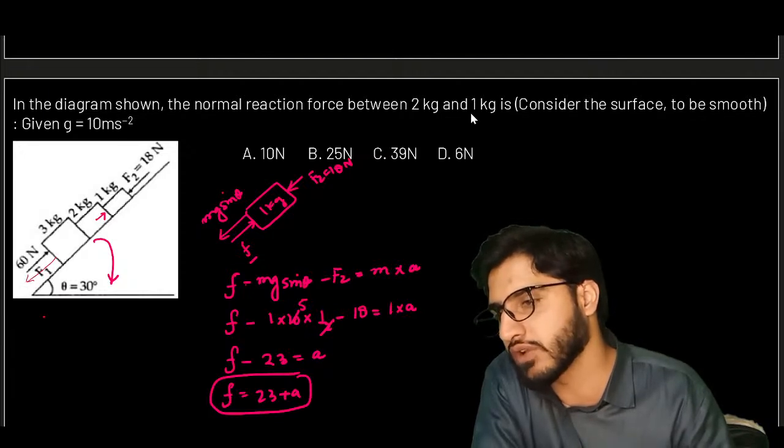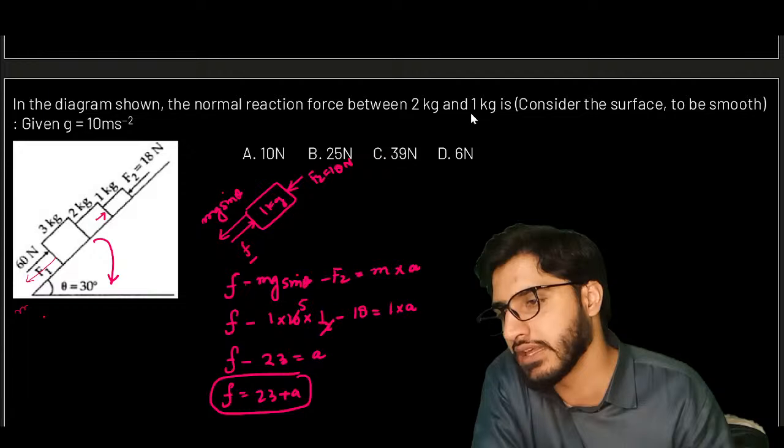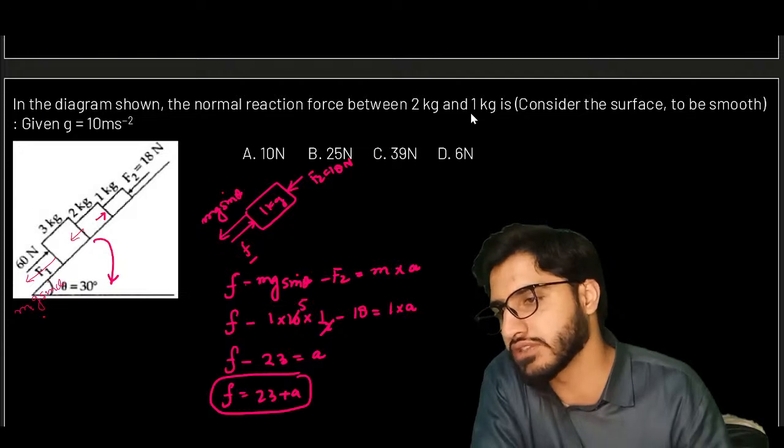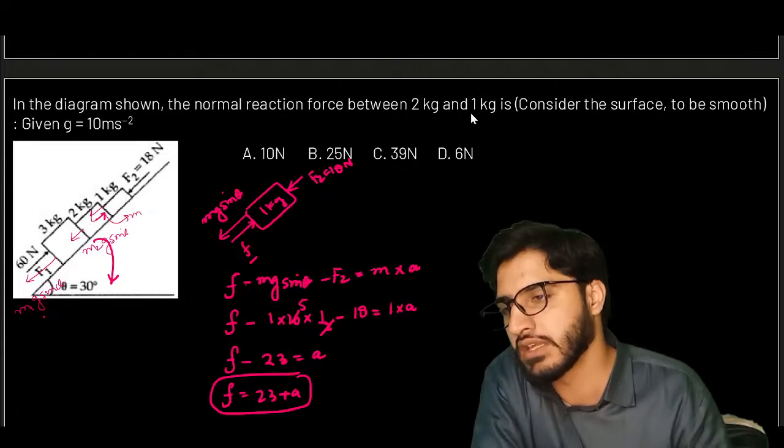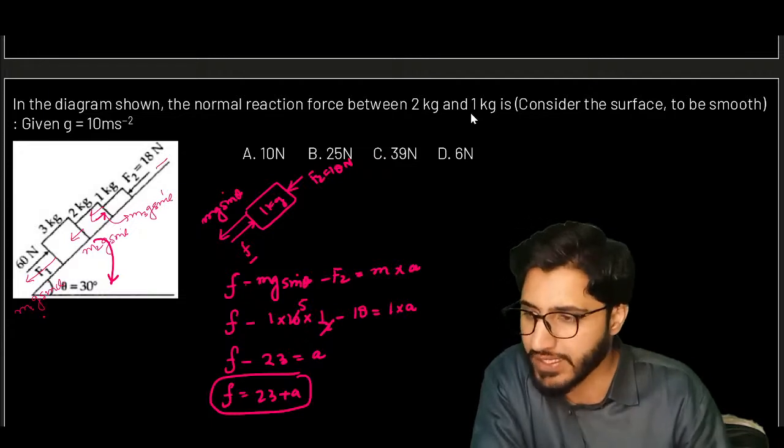There will be one force like this, and it will be M1 g sine theta. One more force, M2 g sine theta. One more force, M3 g sine theta, and this one. So I can write acceleration is equal to F by M.